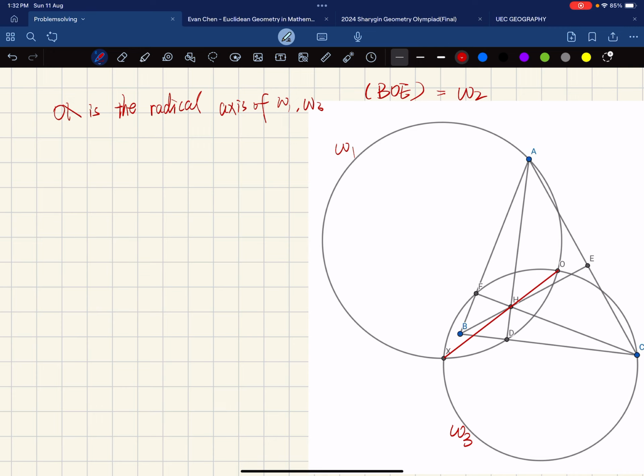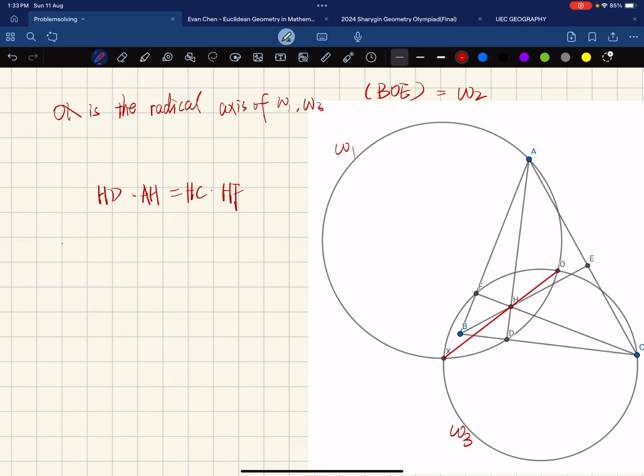We know that A, C, D, and F are concyclic. That is very obvious. So we know that HD times HA equals HC times HF, right?